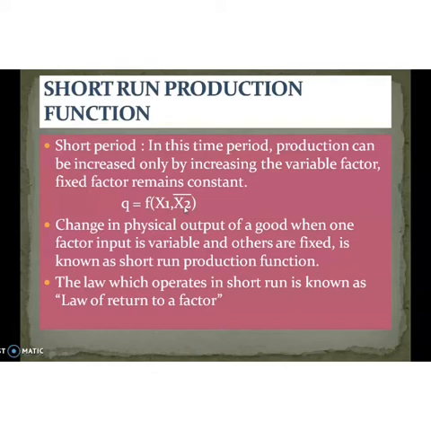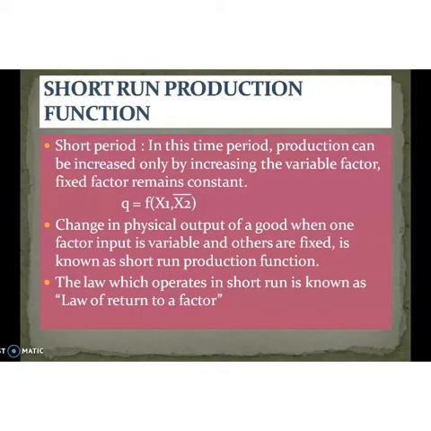So what is a variable factor? Those inputs that vary directly with output are called variable factors. Then what is a fixed factor? Fixed factors are those factors that cannot be changed in the short run.